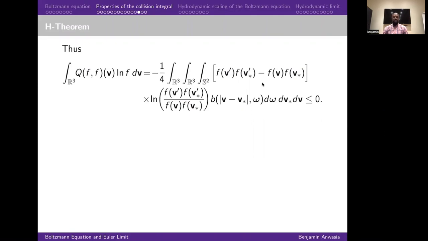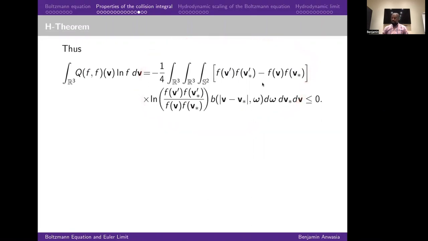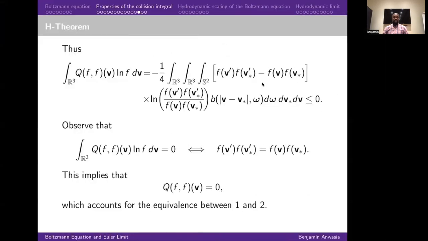For the second part of the H theorem, observe that if this term is equal to 0, we must have that the product f of v prime times f of v star prime must be equal to f of v times f of v star. And therefore, this implies that the collision operator vanishes, which accounts for the equivalence between conditions 1 and 2.